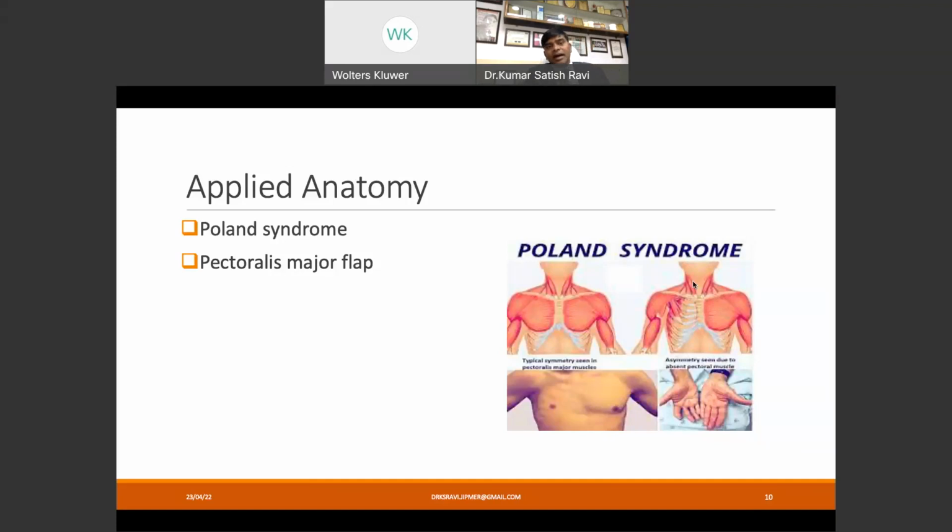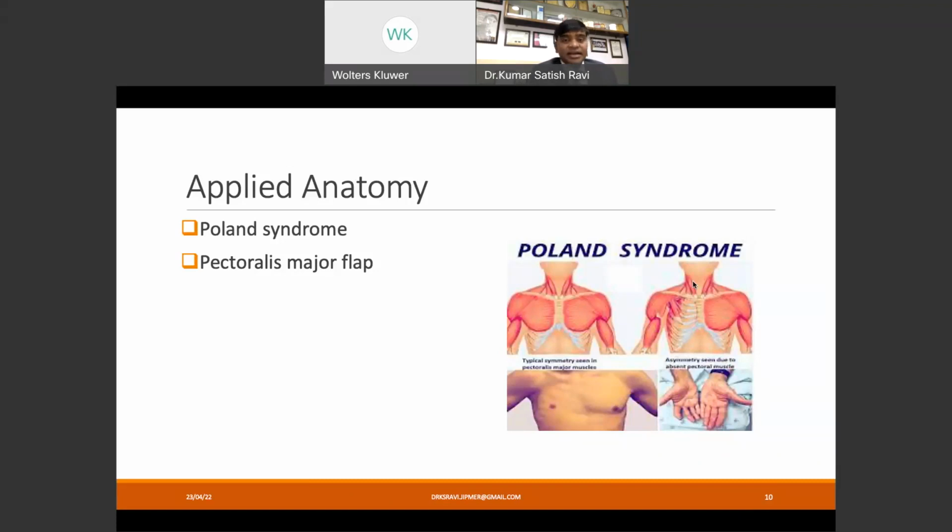Apart from that, many people with Poland syndrome have hand abnormalities also on the affected side. Commonly there is an underdeveloped hand, or the abnormality of short fingers, which is called brachydactyly. So what I wanted to say is that Poland syndrome will have partial or complete absence of the pectoralis major.